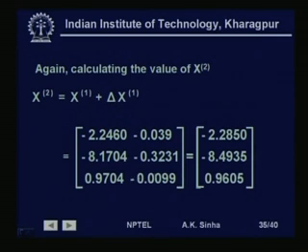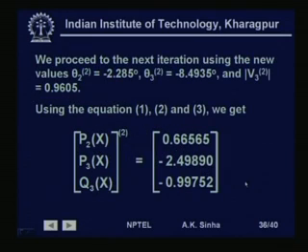So, when we do that we get the values as minus 2.2850 degrees, minus 8.4934 degrees, and the voltage magnitude V3 as 0.9605 per unit. Now, again using these values we can compute the calculated values for P2, P3 and Q3, which come out to be this much.